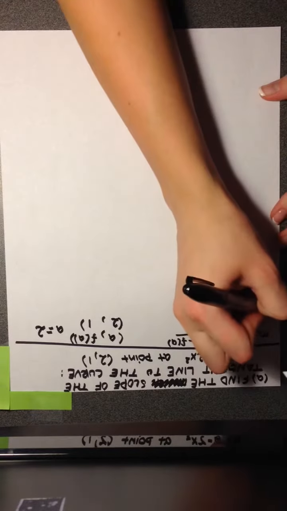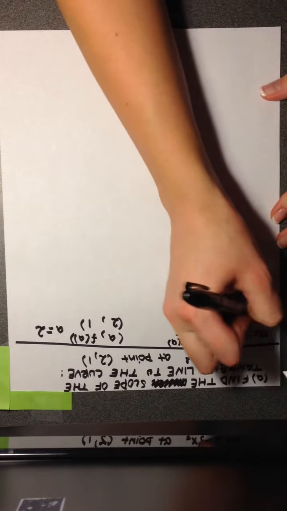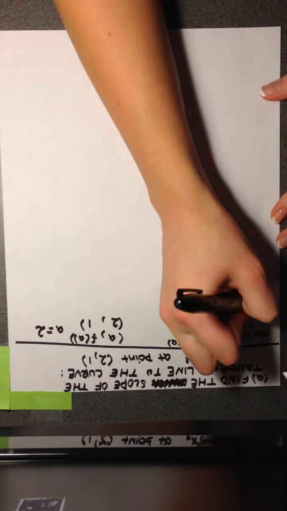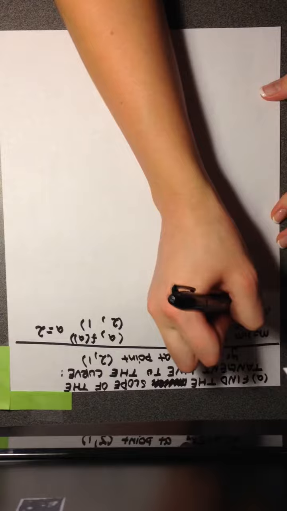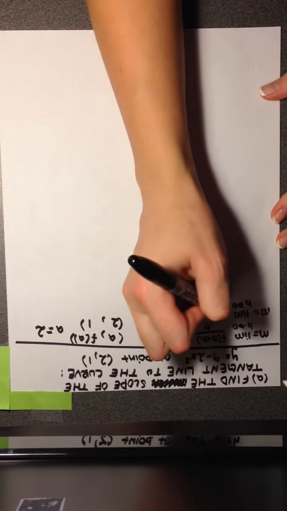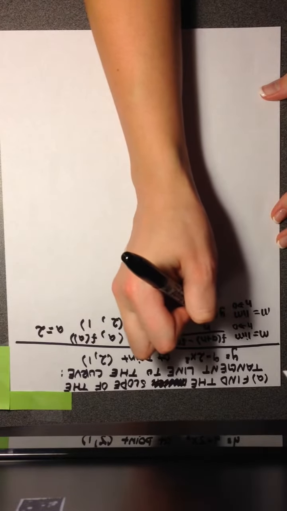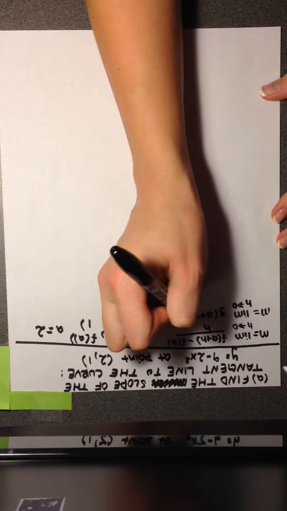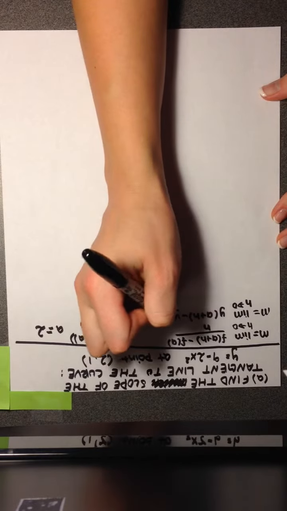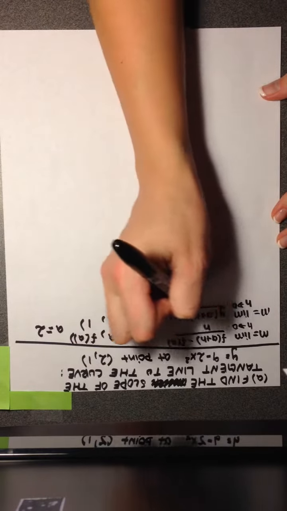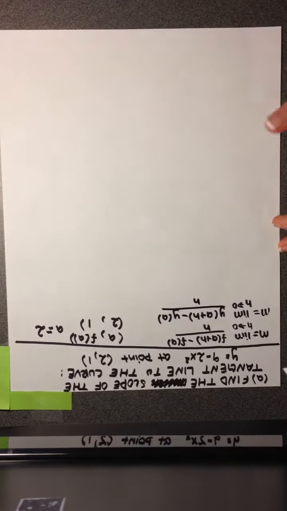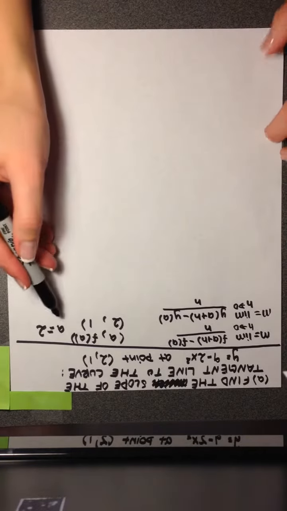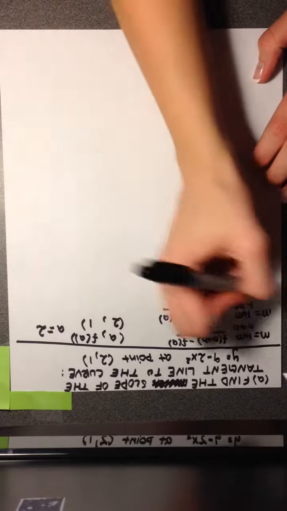Another way we can write this is slope equals the limit as h approaches 0 of y of a plus h minus y of a, over h. The next thing we're going to do is plug the a value into this equation.